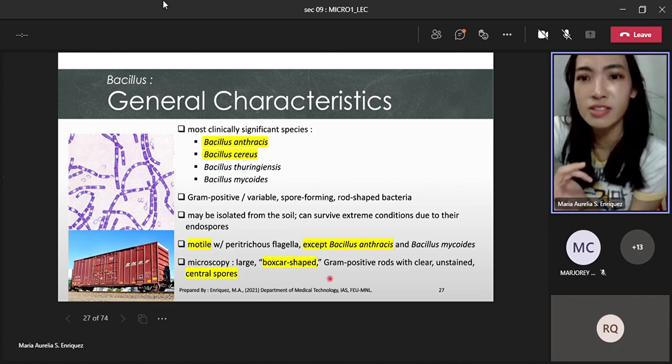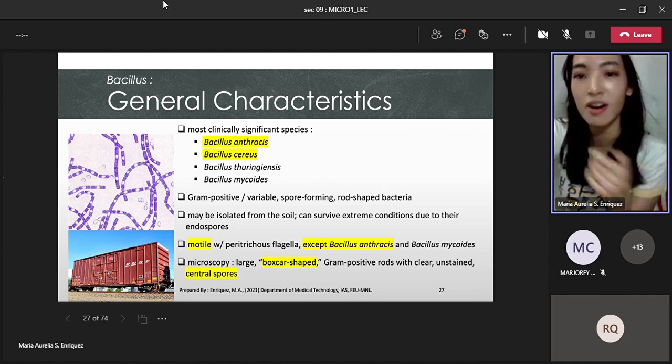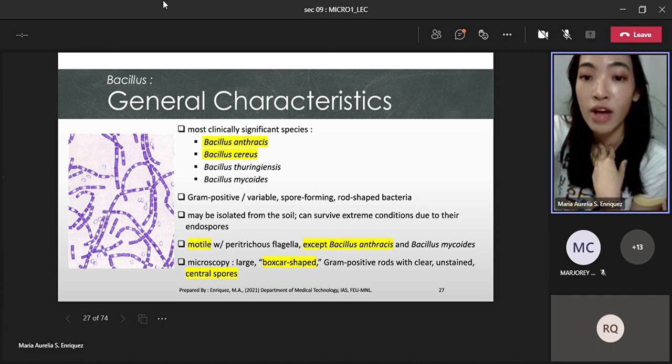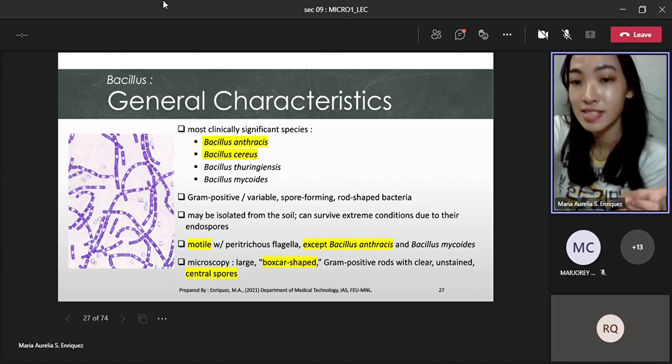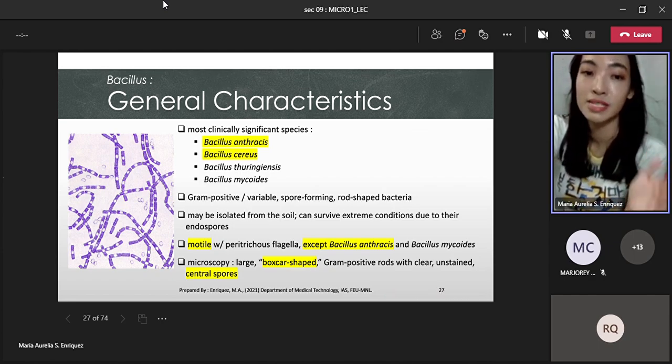Boxcars, like shipping containers, are very rectangular, and the bacilli resemble them. They also have their characteristic unstained central spores, which are endospores located in the middle of each bacillus.